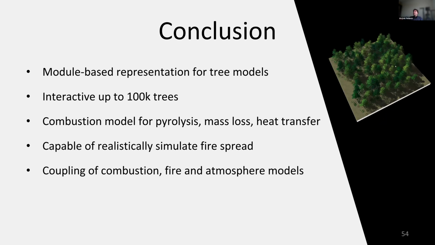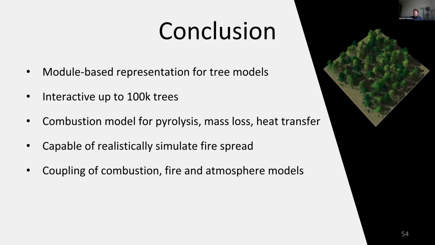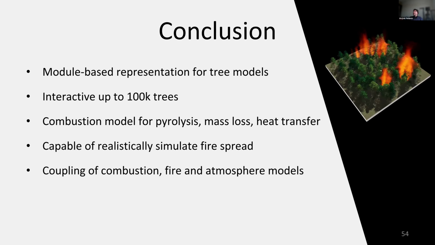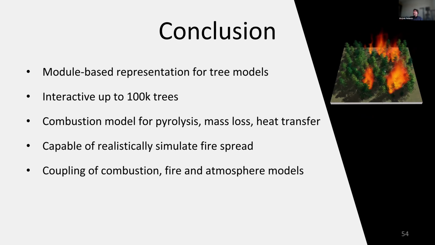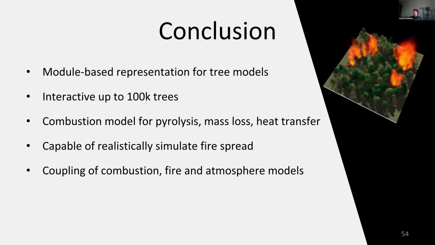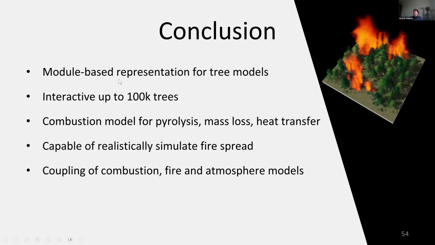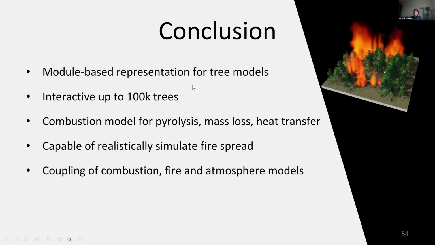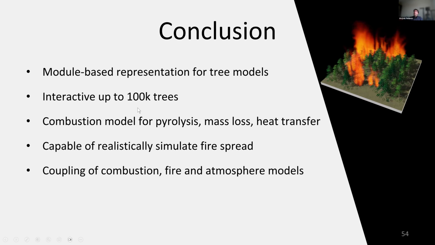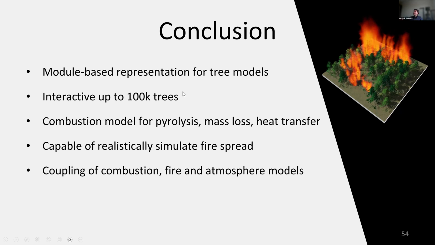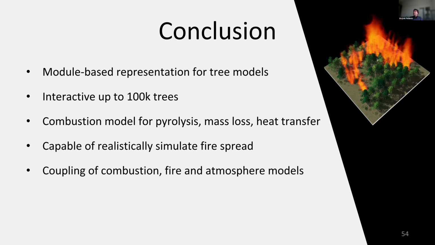So let me conclude this presentation. What I showed you here was essentially two different types of simulating trees. One was a surface element based description of tree shape and its biomechanical and combustion relevant parameters, and another one which was module based, which allows us, in comparison to the first model, to now interactively simulate the wildfire of up to 100,000 trees.